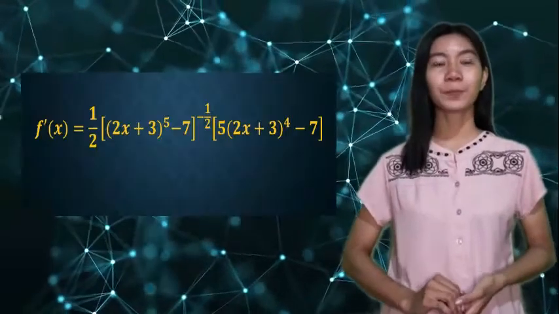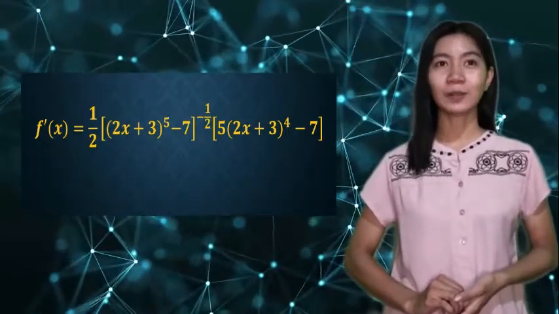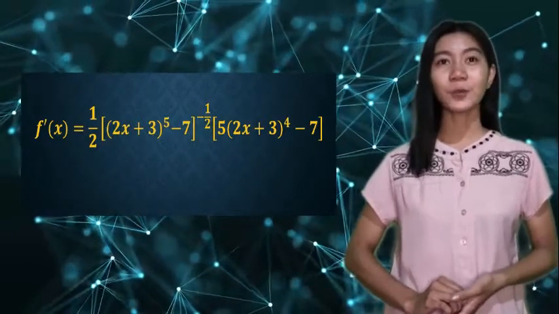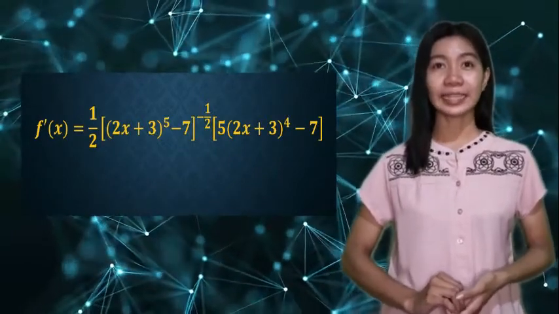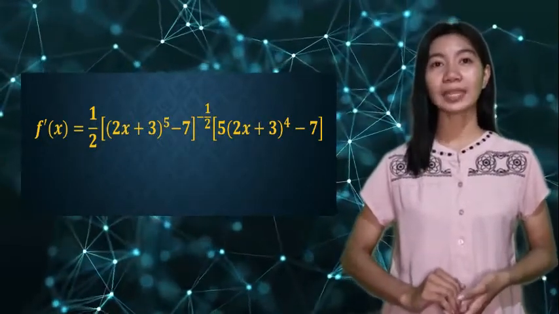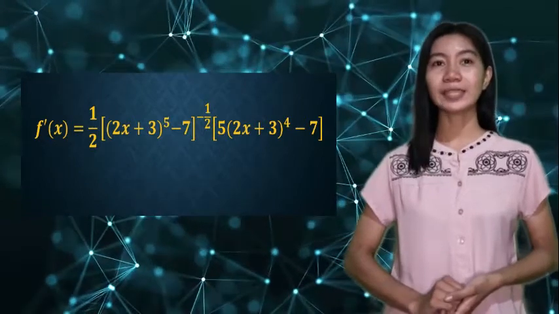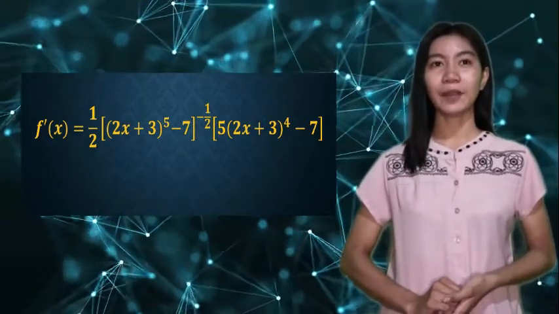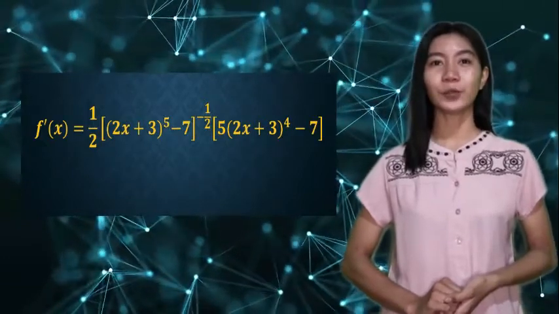So, we will have f prime of x equals 1/2 multiplied by (2x plus 3 raised to 5, minus 7) raised to negative 1/2 multiplied by 5 multiplied by (2x plus 3) raised to 4, minus 7. And then, we will multiply everything by the derivative of the inside of the parentheses to use the chain rule.